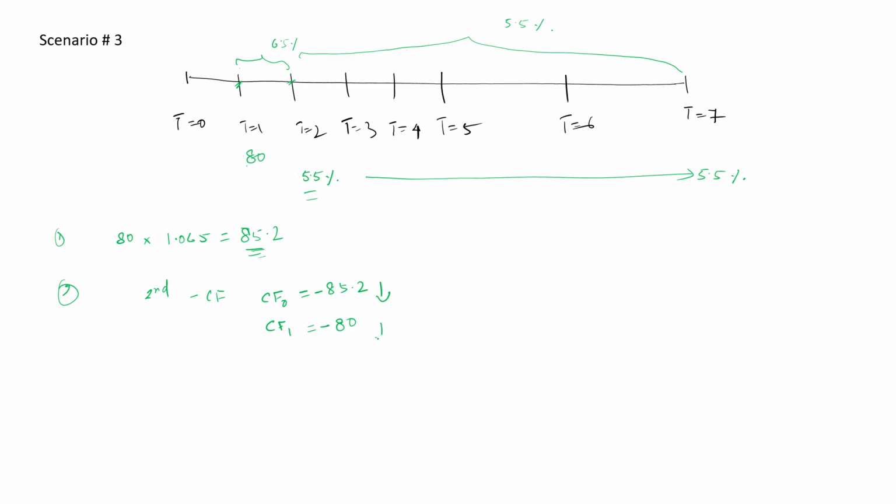And then once you press that, you will have F1, which is the frequency. The frequency obviously is going to be for the next 6 periods, right? Because at the end of the second period up until the 7th period, it's going to be all put together.